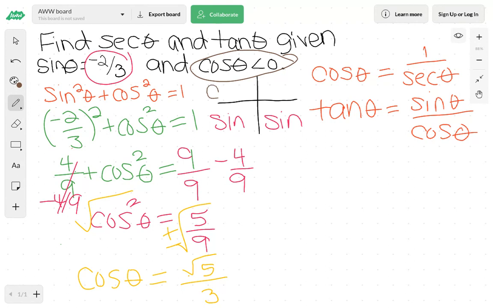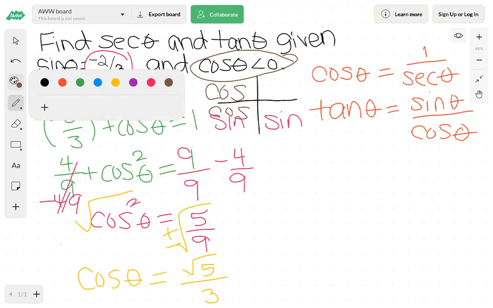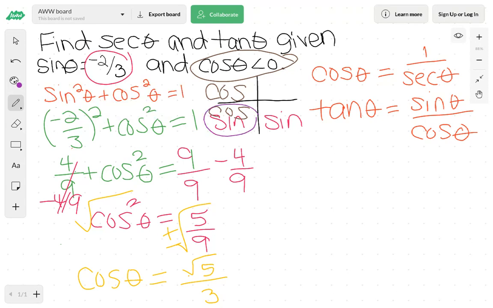And since cosine is x, that's negative in the second and the third quadrant. And since both of those happen in the third quadrant, that's how I know if my sine, cosine, tangent, everything is positive or negative. So here, since I'm in the third, cosine is negative in the third.